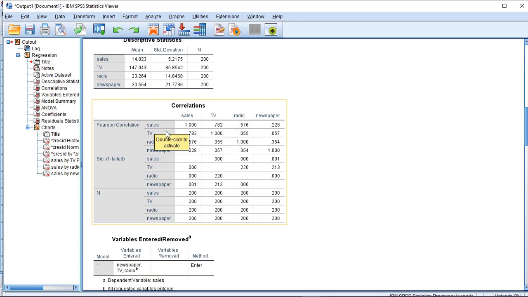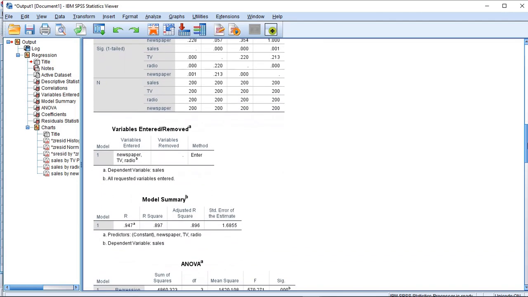Then here we have sales and radio. It's almost 0.5, which is medium, between 0 and 1. Then for the newspaper, we have a weak positive linear relationship. You will see it agrees with the result.